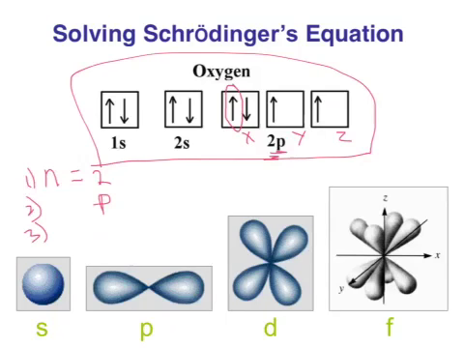So I would call that a p x orbital, okay? And the fourth is the spin, and the spin is up, okay? And there is no other electron in oxygen that has the same set of 4 quantum numbers, okay? If I look at this electron, it has a downspin, okay? So they are different.